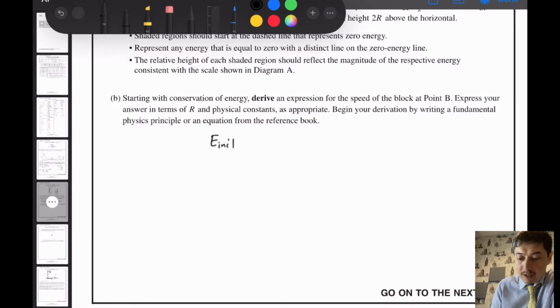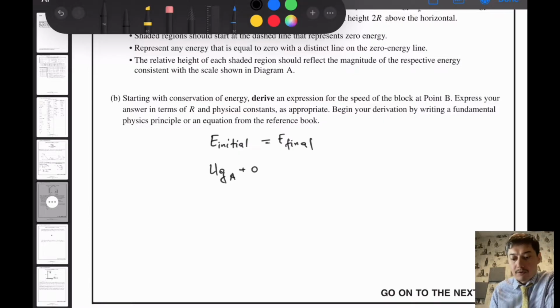Energy initial is equal to energy final. So initially we have got only gravitational potential energy at point A. No kinetic energy. We can write plus 0, or we can just leave it as potential energy only.